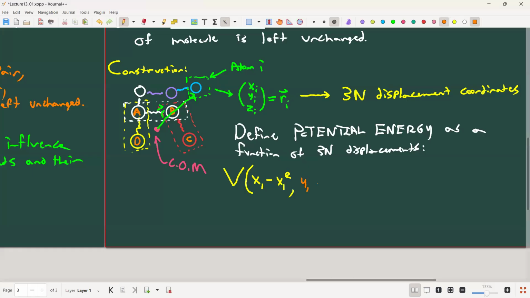And of course, there's a y1 minus y1e and a z1 minus z1e, and it goes all the way to zn minus zn sub e. Right, so it's this big, long function that measures how the potential changes as we move away from equilibrium.